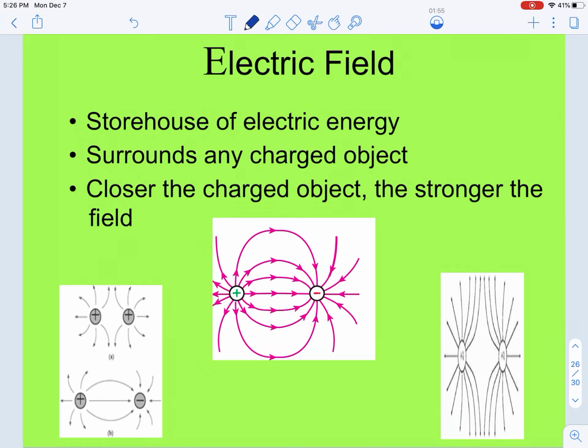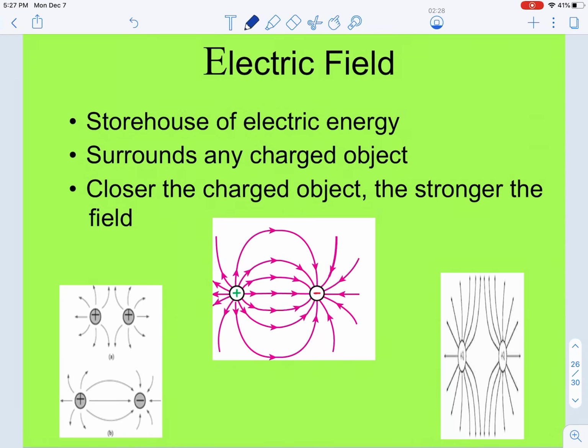We can see that these field lines are going to be more crowded as we get closer to our positive or negative charge, and they're going to have more space between them as we look farther away from those charges. So when we draw our electric field lines, we can see from the illustration that there is a greater concentration of lines closer to the source, which means that we have a stronger electric field closest to the source.